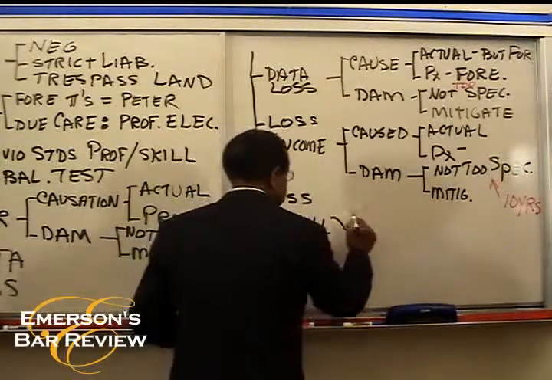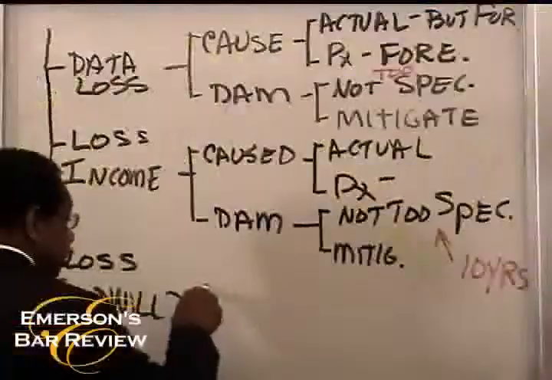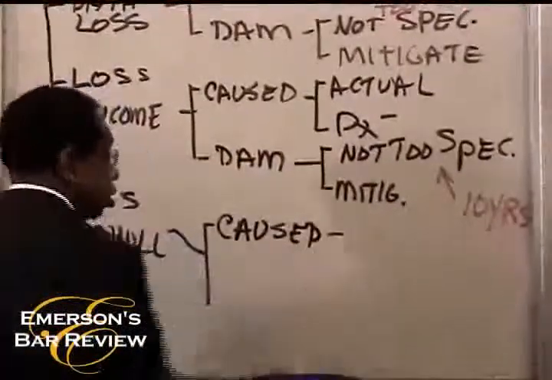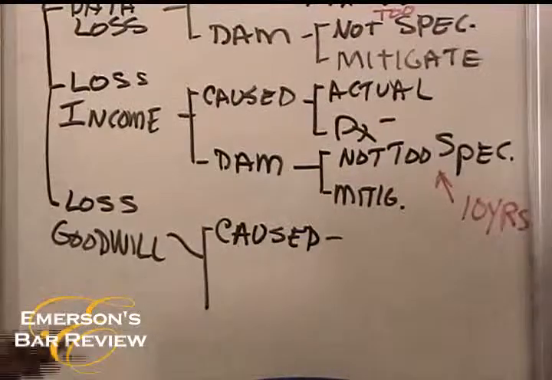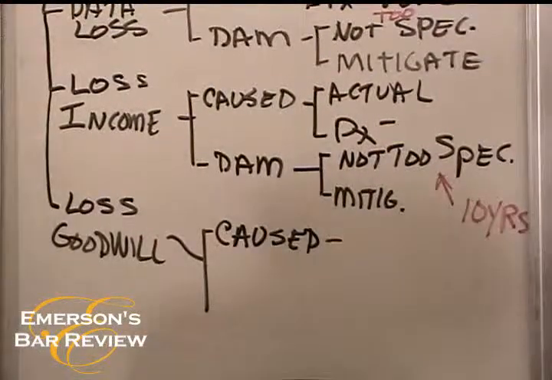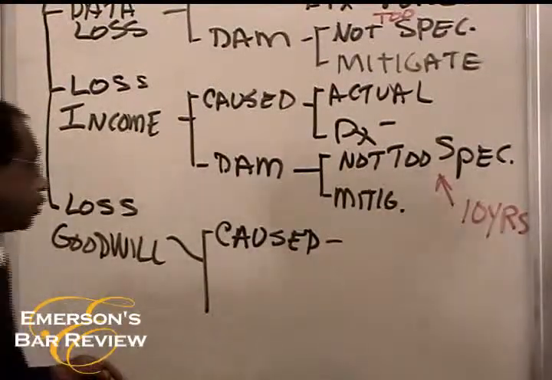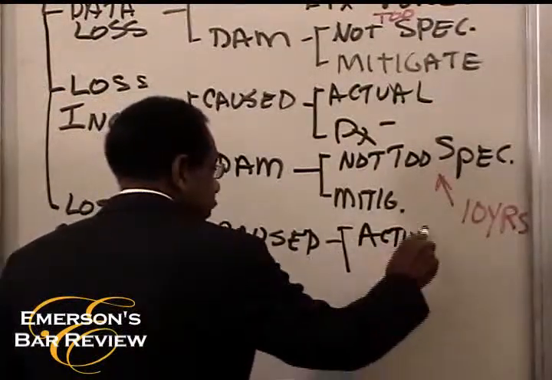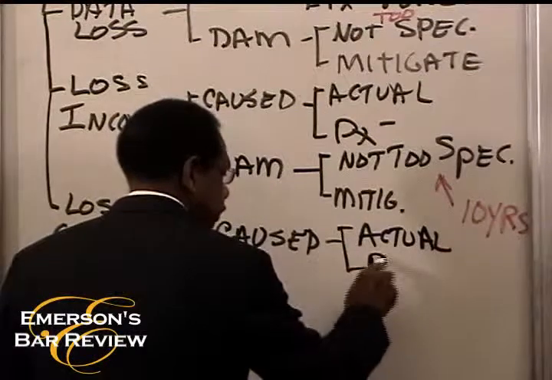And here, again, the loss of goodwill has to be caused. The loss of goodwill was actually and proximately caused by Dan's negligence. So loss of goodwill was caused, to get the actual and proximate cause.